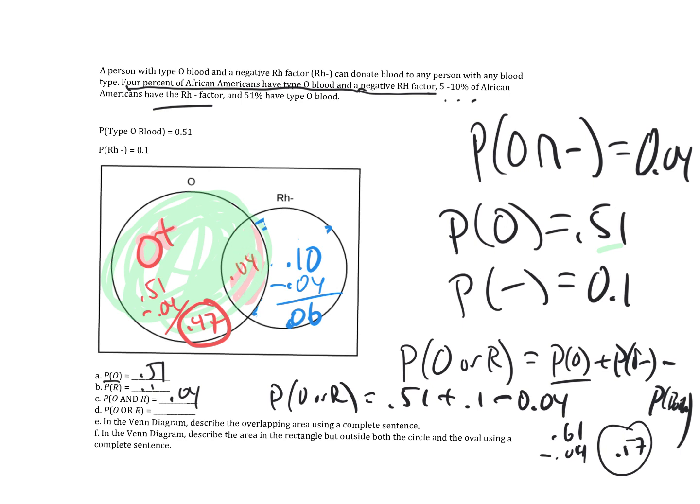And then describe the area of the rectangle but outside the circle and the oval using complete sentences. So both the circle and oval, what would this be? Let me go with gold. This gold area is, I'm pretty sure, what F is asking.